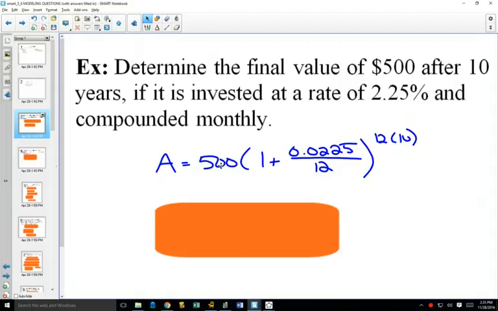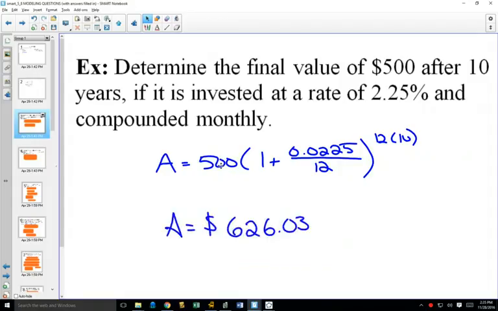The fact that it was compounded monthly means that the end value will be 12, and it's over 10 years. All of the numbers are all together. You can type this into your calculator as exactly as you see it and get an answer. So I want you to try the second one.